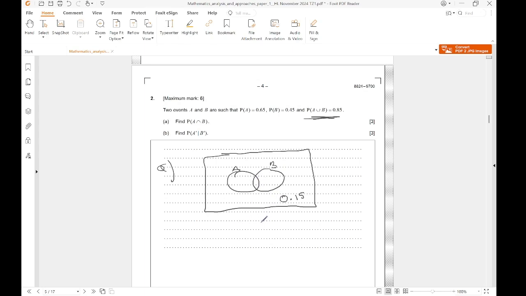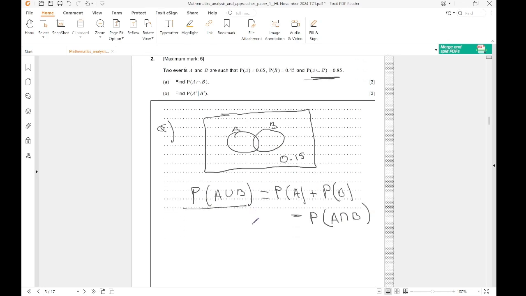So we know that there's a formula for the probability of A union B. The probability of A union B is the probability of A plus the probability of B minus the probability of A intersection B. So that means the probability of A, this entire circle, plus the probability of B, this entire circle, minus the probability of A intersection B, that means this part over here. That gives you the probability of A union B.